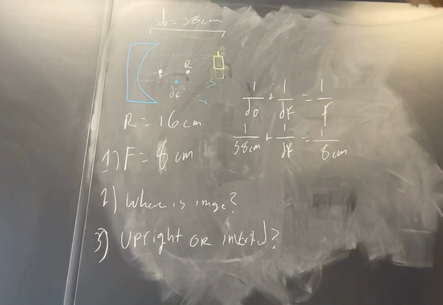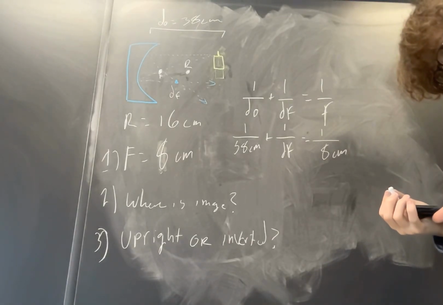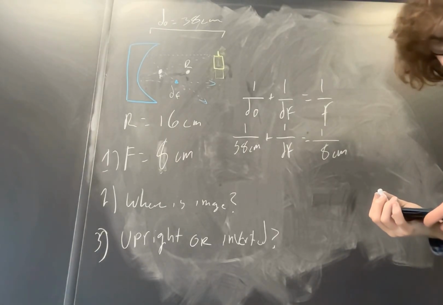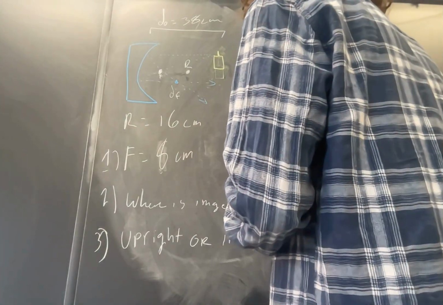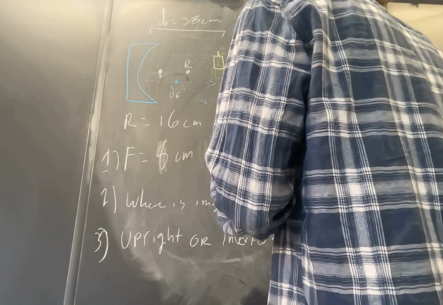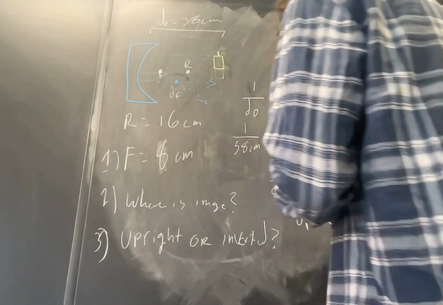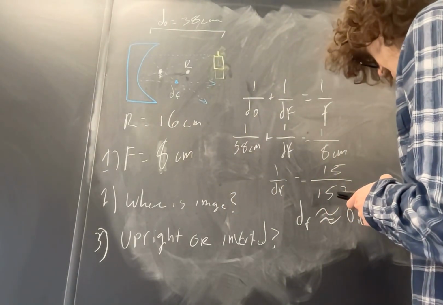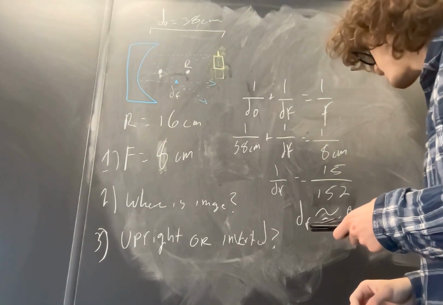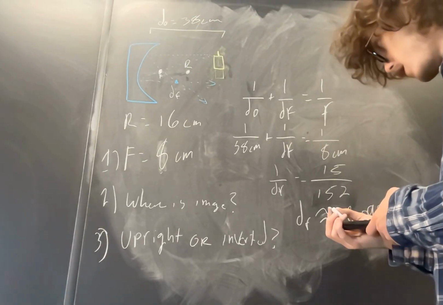I am not going to be able to do that in my head, so let's just do it on the calculator. 1 over 8 minus 1 over 38. That's going to be that 1 over df is equal to 15 over 152, such that df is 152 over 15.